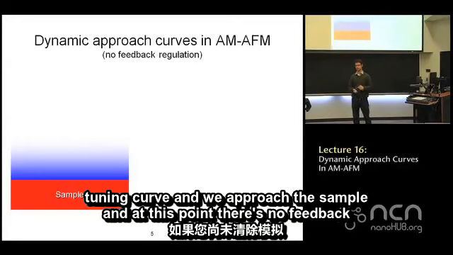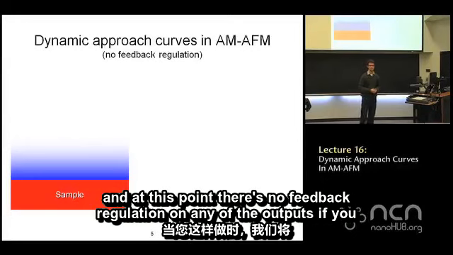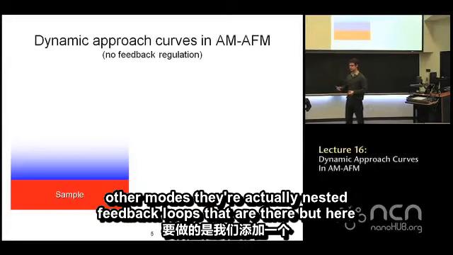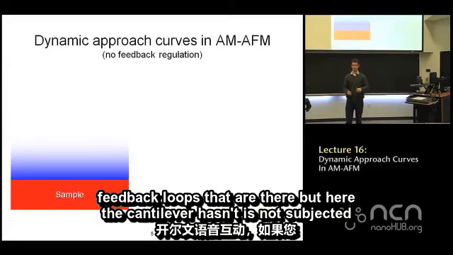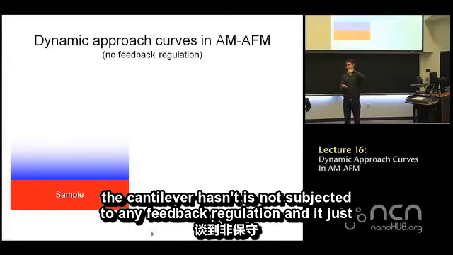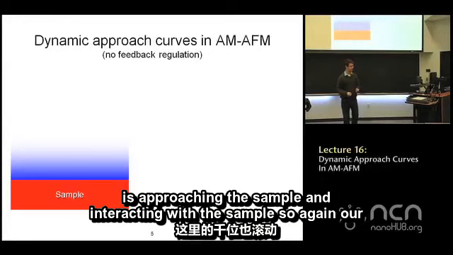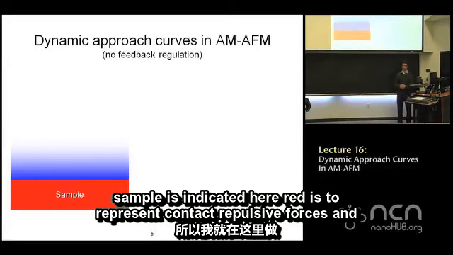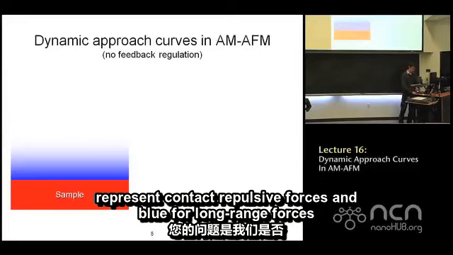At this point, there's no feedback regulation on any of the outputs. If we do this in frequency modulation or some other modes, there are actually nested feedback loops. But here, the cantilever is not subjected to any feedback regulation, and it just approaches and interacts with the sample. So again, our sample is indicated here. Red represents contact repulsive forces, and blue long-range forces.